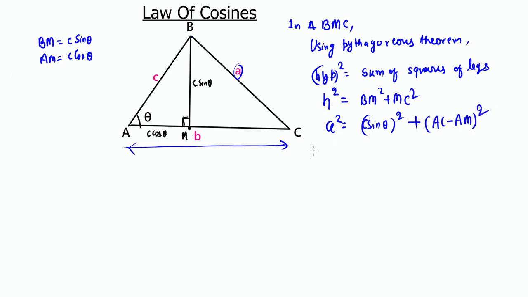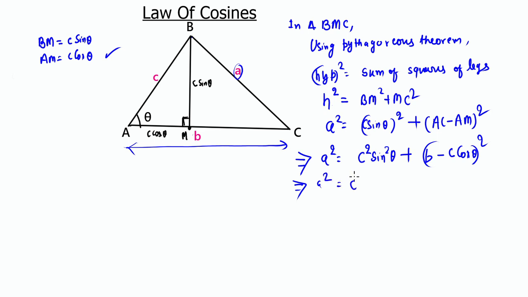Now we can calculate it. Here we get a squared is equal to c sine theta squared, which is c squared sine squared theta, plus AC, which is b, minus AM, which is c cos theta. So we got this relation. Now we just have to do the algebraic calculation.